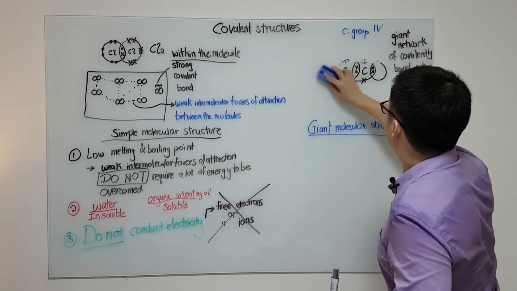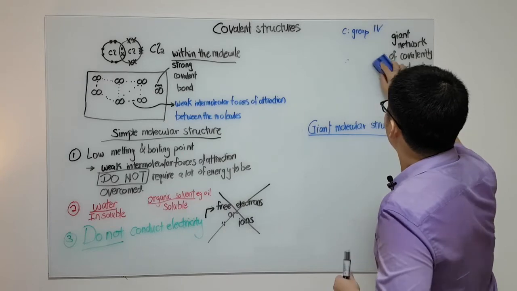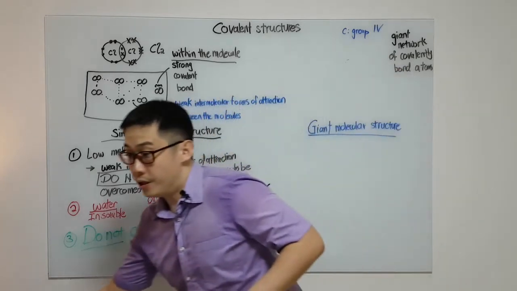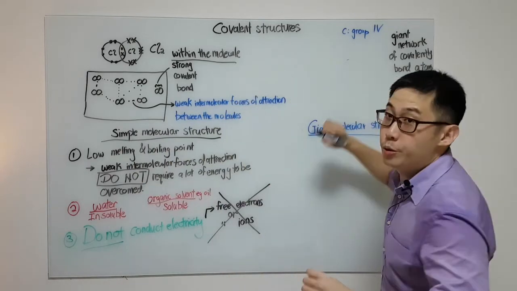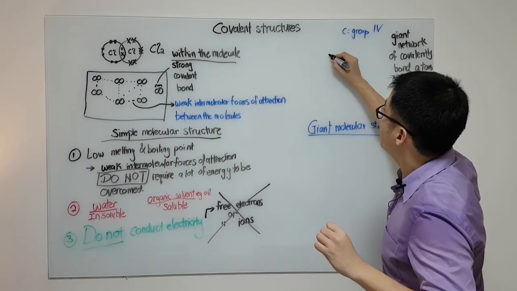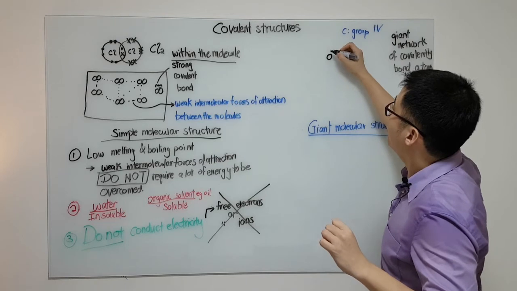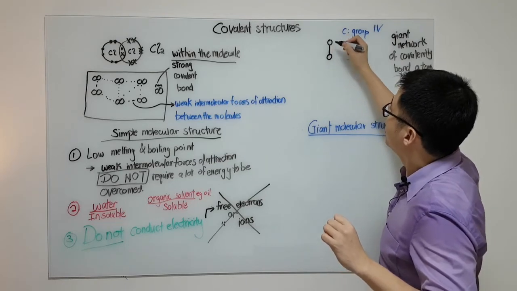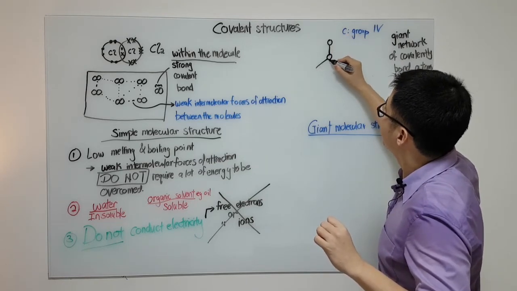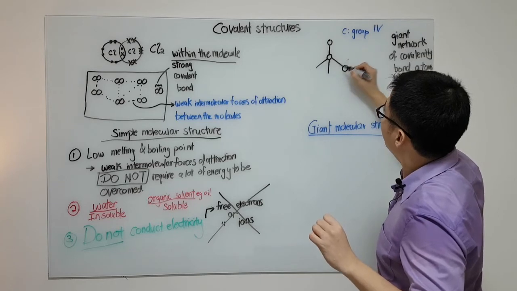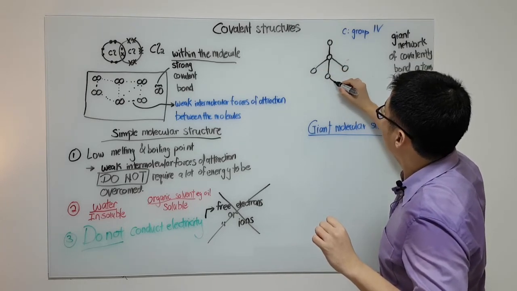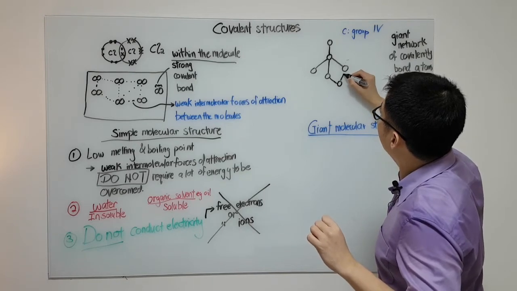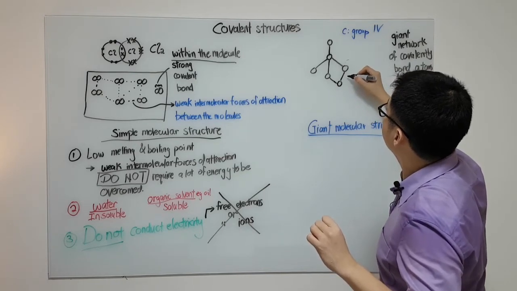for the case of carbon, if you were to draw it out, it will be such that if I use a circle to represent 1 carbon, I have 1 carbon over here bonded to 4 more carbons surrounding it. And these 4 more carbons will then be joined to another 4 more carbons.